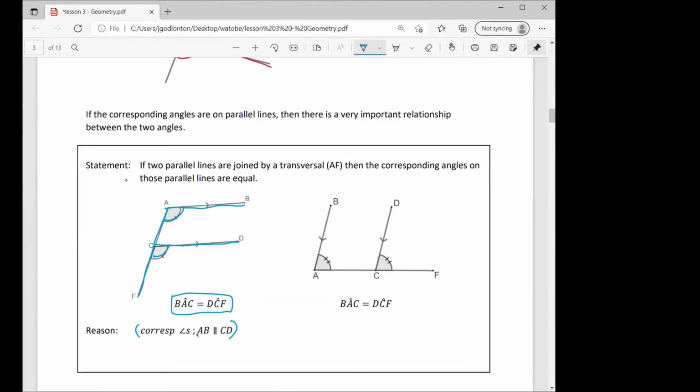And we always have to say which lines are parallel. So get this into that book of yours or your paper, wherever you're keeping your reasons. Add this to your list of reasons, and then we are going to start playing around with this rule.